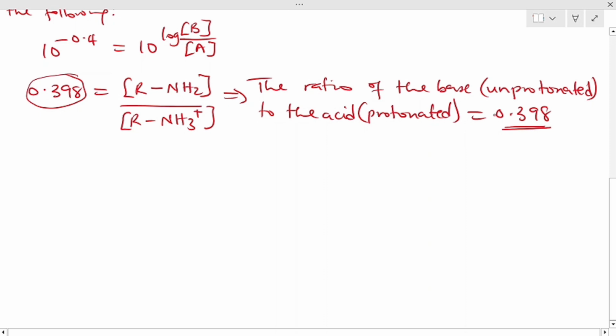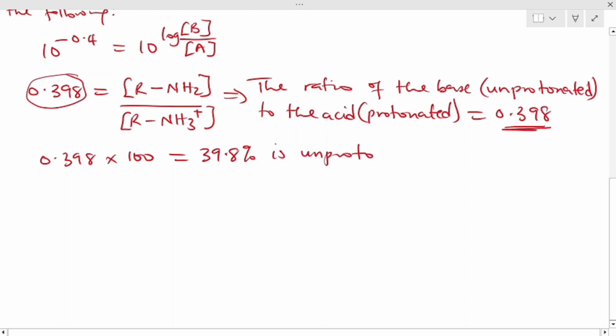Converting this value to a percentage, 0.398 times 100 gives you 39.8%. And this 39.8% is what?